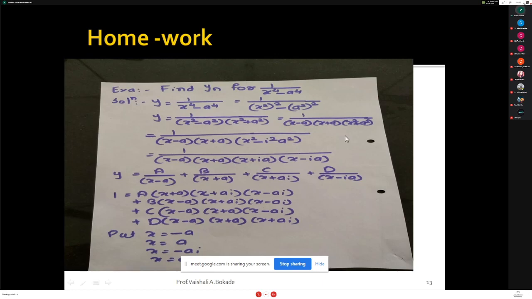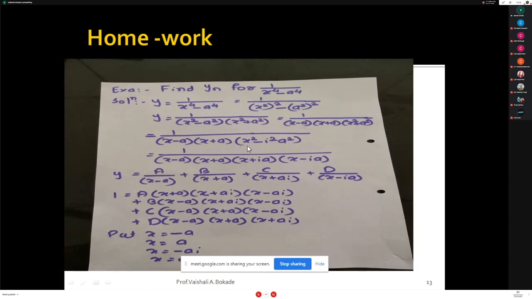Again, for x square plus a square, I am writing x square and a square as x square minus i square a square. Remember that i is nothing but a complex number, and i is the square root of minus 1, so i square is minus 1. So I am writing the plus sign as minus i square here.